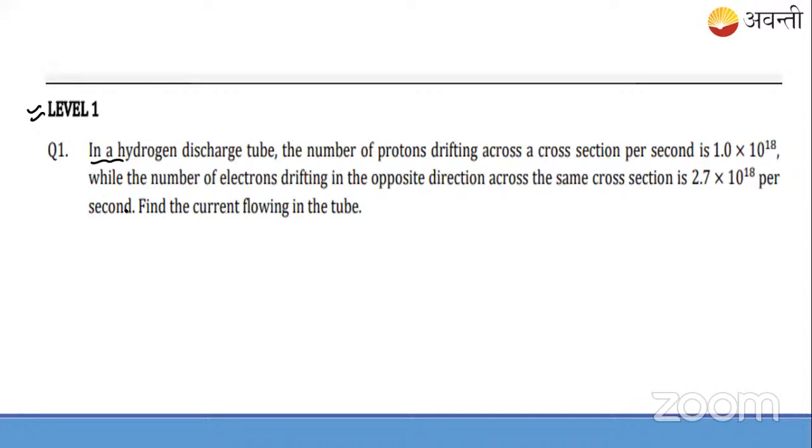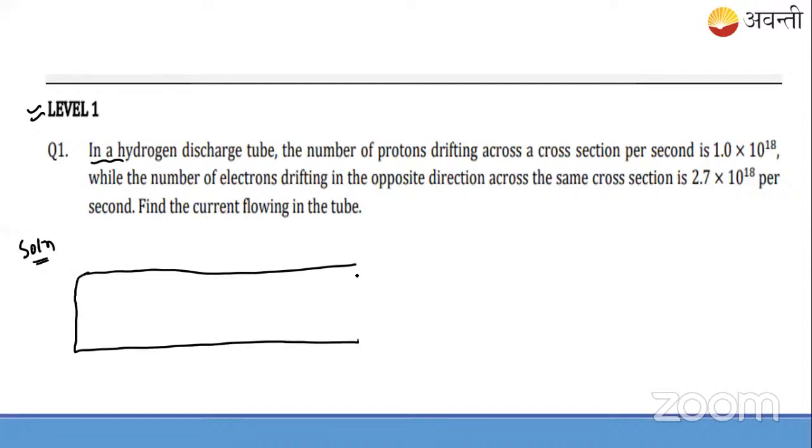I'm drawing in front of you the hydrogen discharge tube. Be focused here. Suppose you have a hydrogen discharge tube.